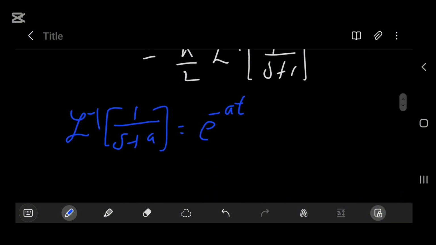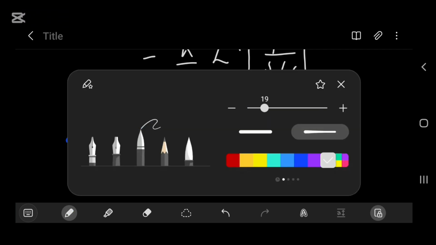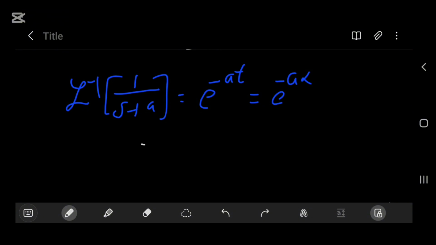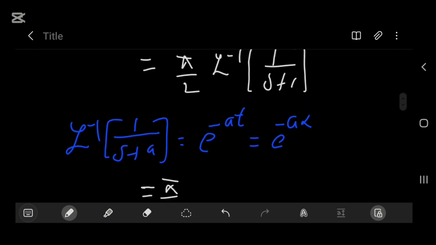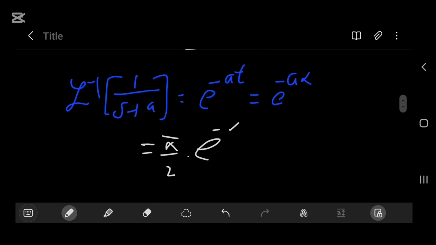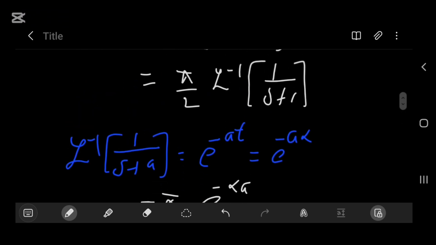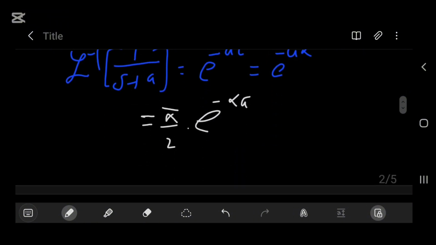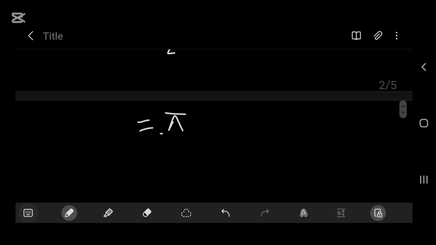In this case, we'll have e to the negative a alpha. Those are just dummy variables, we can put anything. So we can write the above inverse function as pi by 2 times e to the negative alpha a. By plugging a equals 1, we'll have pi over 2 times e to the negative alpha, which is of course I of alpha.